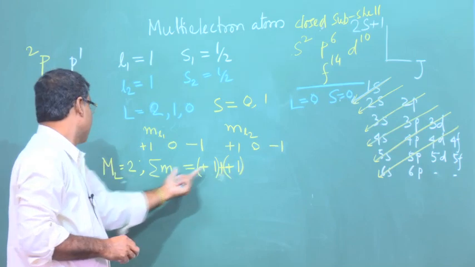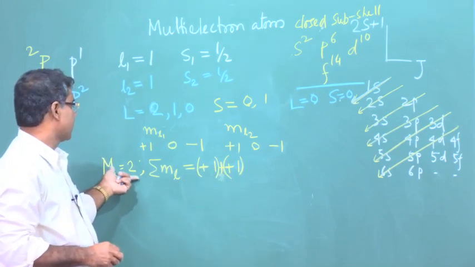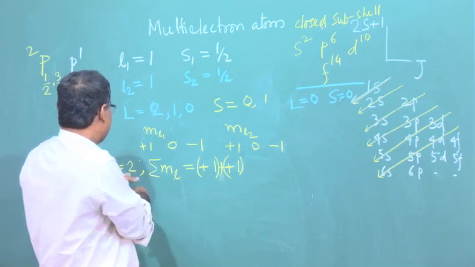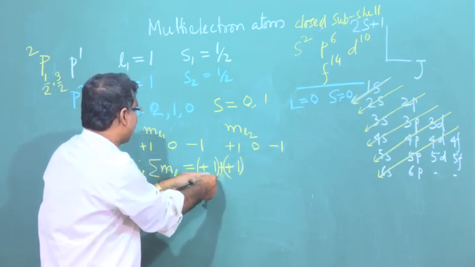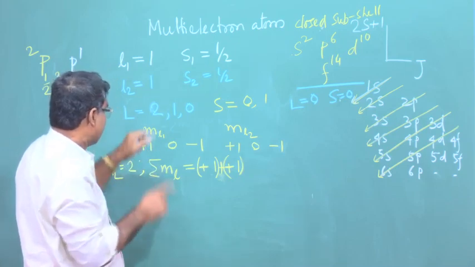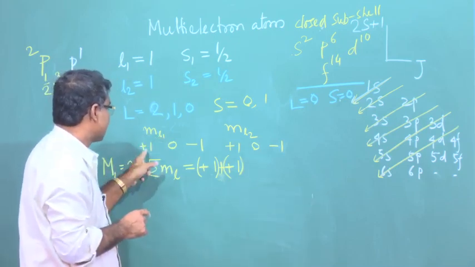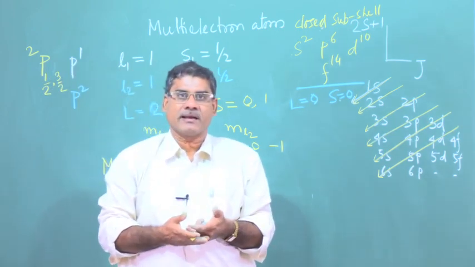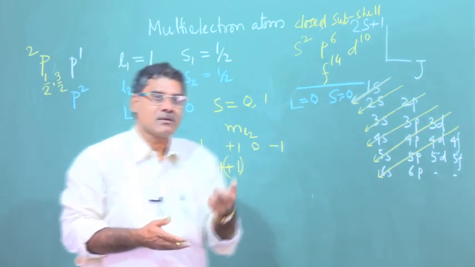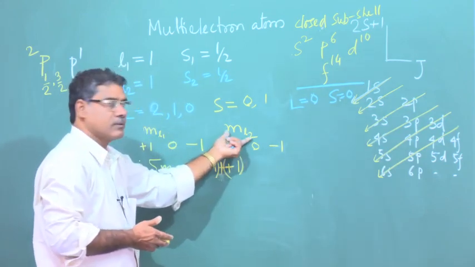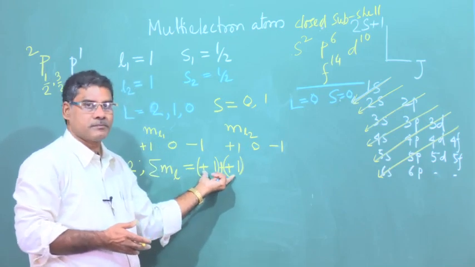Add them, and you get ML value 2. What does it mean? For these 2 electrons, I have assigned ml value plus 1 to both. Now n and l are the same for equivalent electrons, and ml1 and ml2 are also the same.